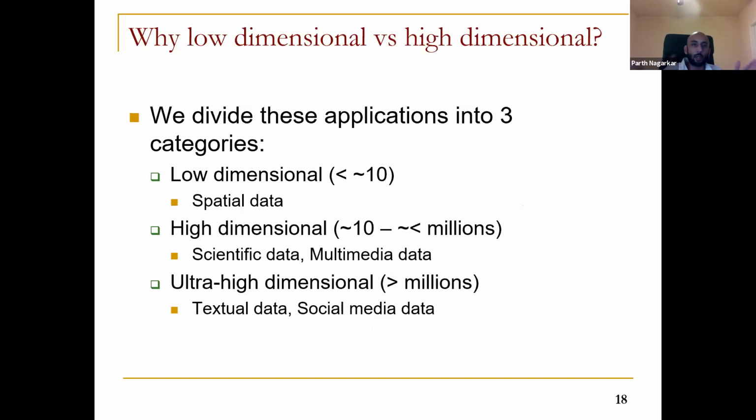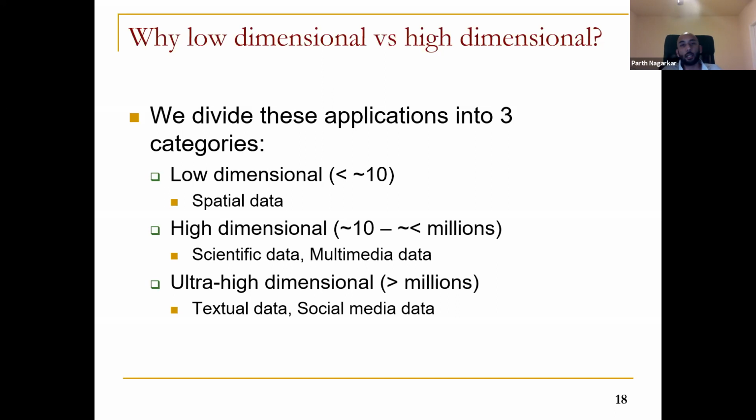So again, low dimensional is, think about spatial data, 2-dimensional data or 3-dimensional data. High dimensional data would be scientific data, as there's a popular data set called P53 that has about 5,000 dimensions, and those are attributes of a mutant gene, I believe.